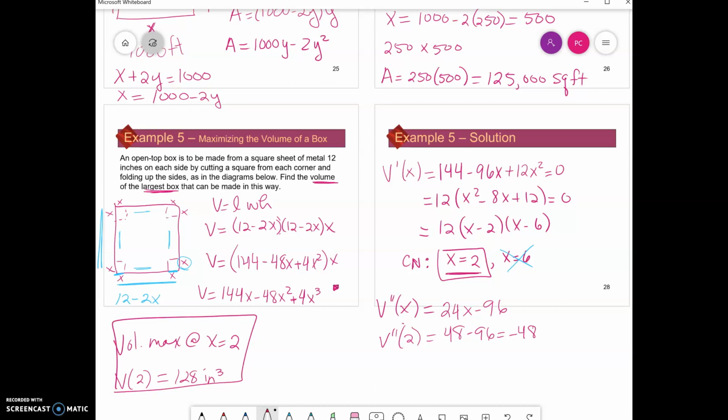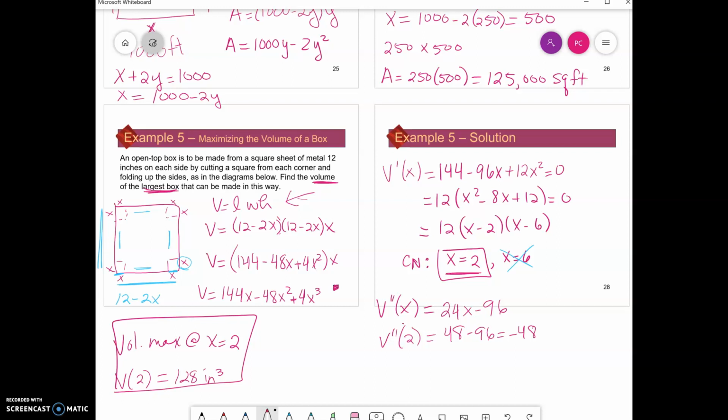Again, the goal, anytime we need to maximize or minimize a quantity, is to set up your formula, and a lot of times that comes from a basic formula that you remember from another class or another application. Simplify as much as you can, take the derivative, and set it equal to 0 to find your critical numbers.